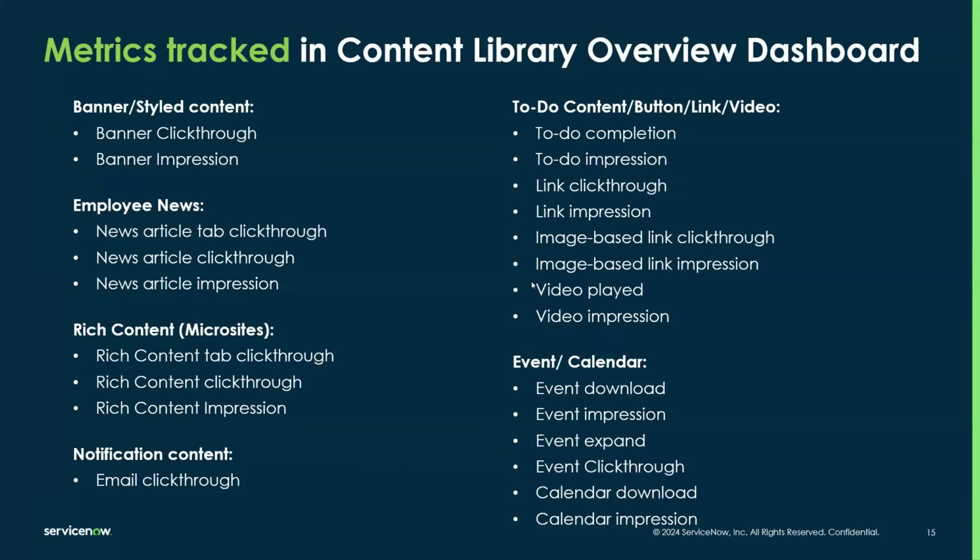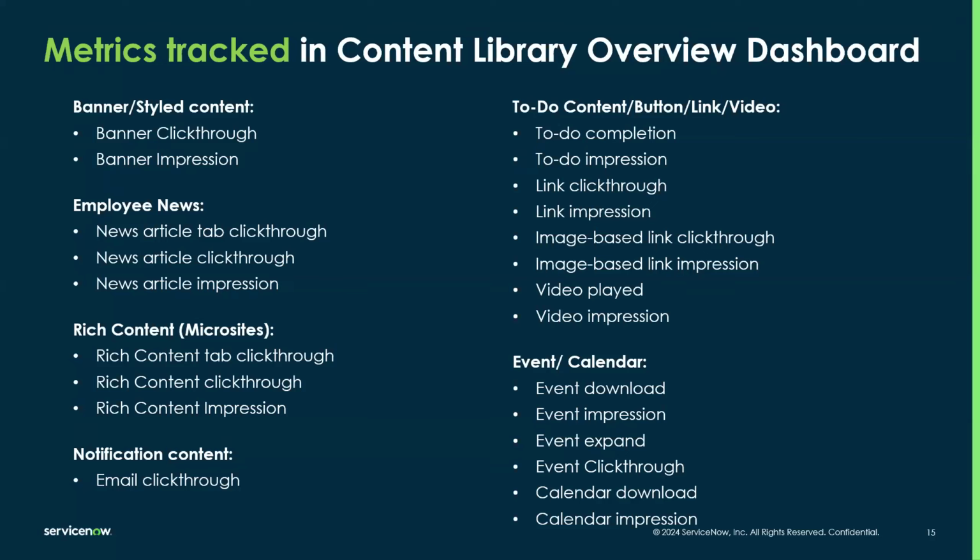Here's a view of all the metrics that we track. If you have used the campaigns functionality and the analytics around campaigns, then you probably will be familiar with some of these. We typically track click-throughs and impressions. An impression is essentially, for example, someone logs in to the portal and they see the banner appear.